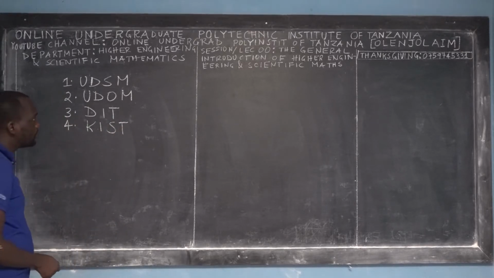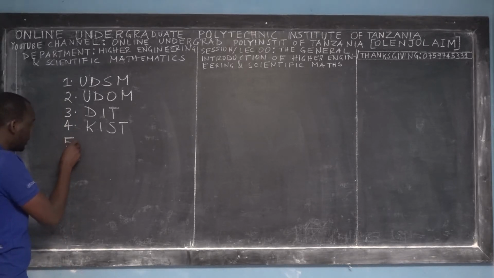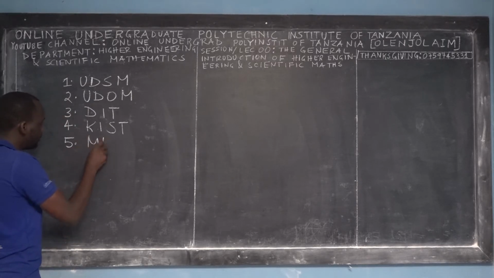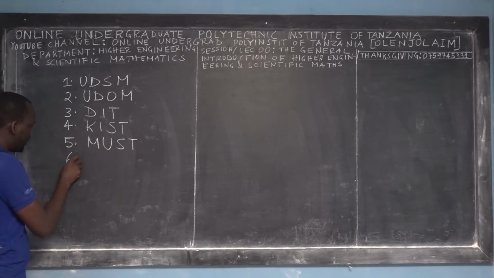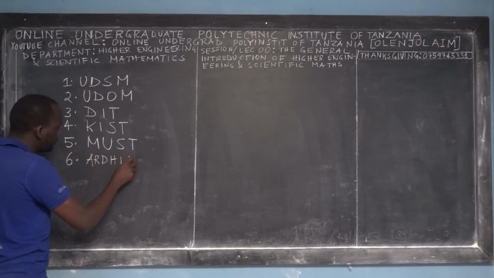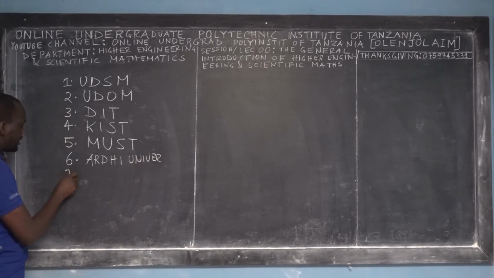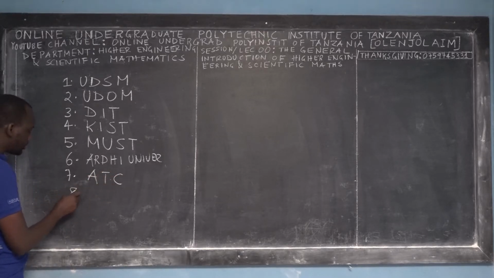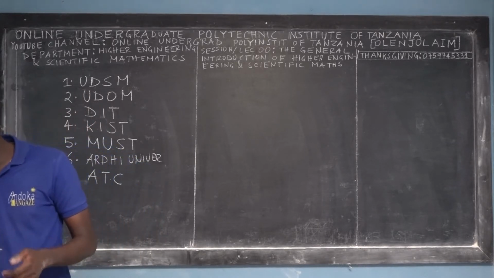It also contains departments of engineering and scientific mathematics for higher education of undergraduate education. And also we have another institution called the Mbeya University of Science and Technology. Also we have another university called the Aris University, okay? And then the other one is called the Arusha Technical College. And then the other one is the Al Maktoum.